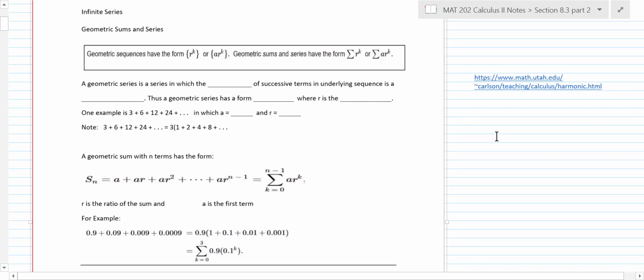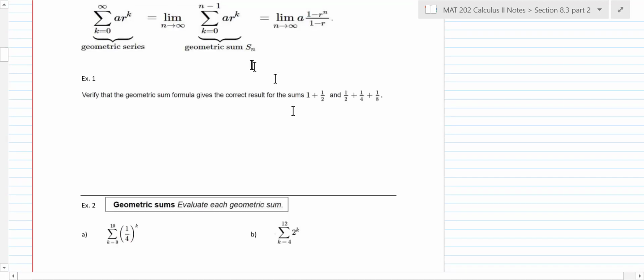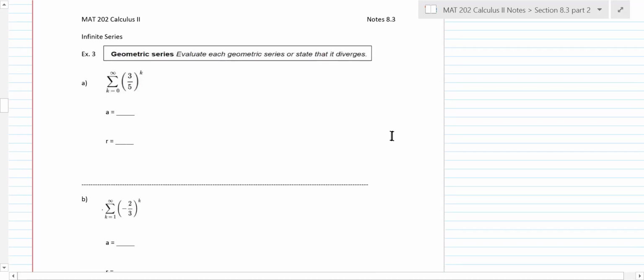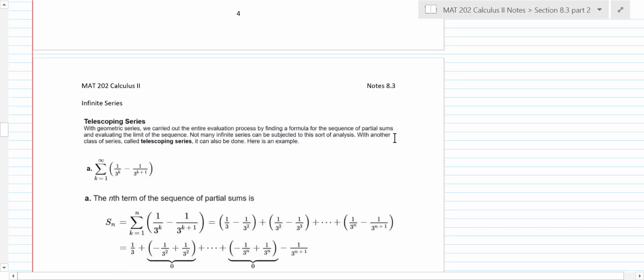Okay, so I need to scroll down a little further to the bottom here. Okay, so the next thing I want to look at is what we call a telescoping series. So I want to go through a couple of examples of that, then we'll take a break.